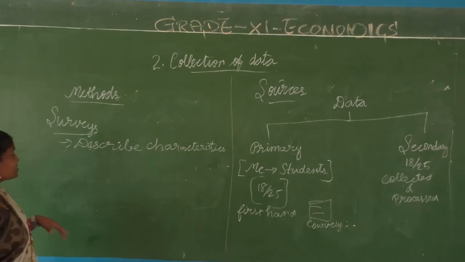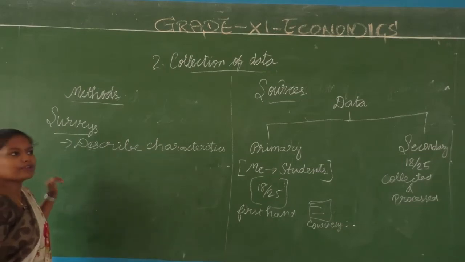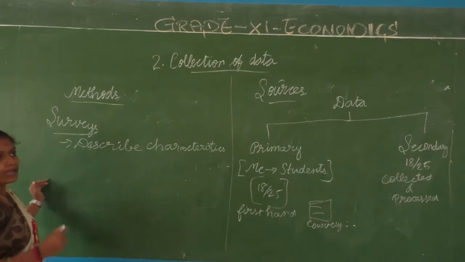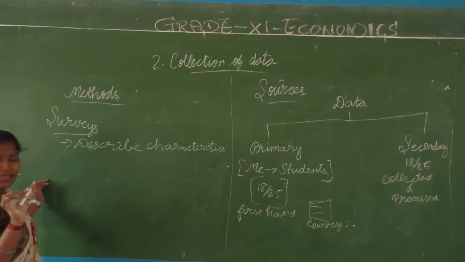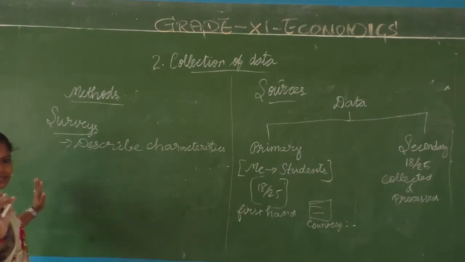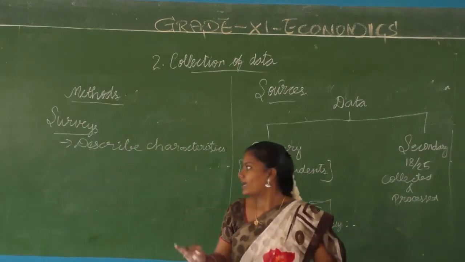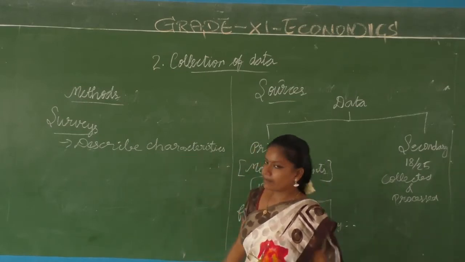Describe characteristics means what? Like when you are talking about a price or a quality, after the survey you will rate it, right? So how many points will you give on a linear scale? 5 means very good, 0 means bad, 3 means average. Like that you give some points, right? That is called describing characteristics.